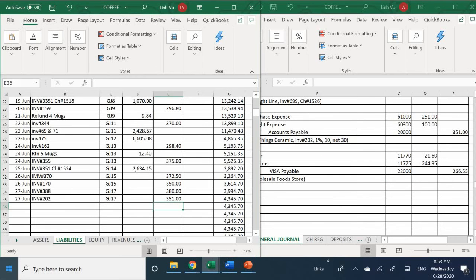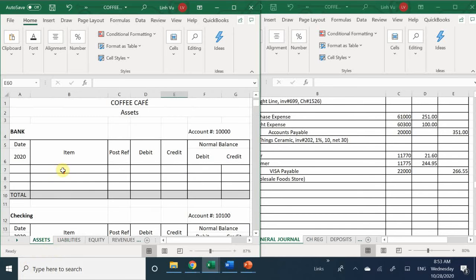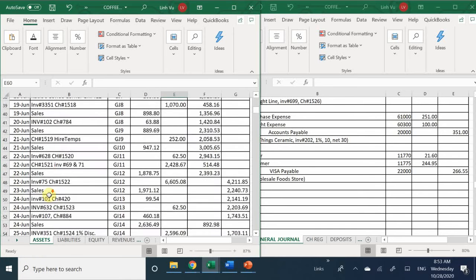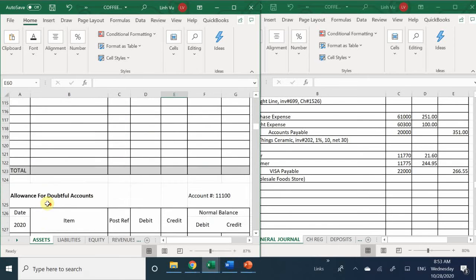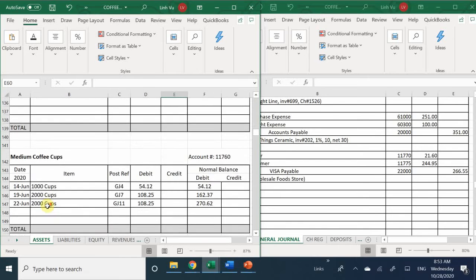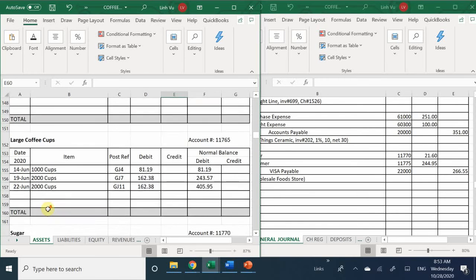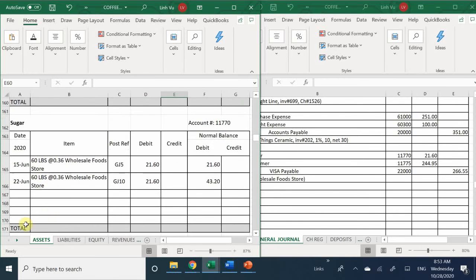So we're gonna go to sugar first. What is sugar? An asset. Here's my sugar. What am I gonna place here?